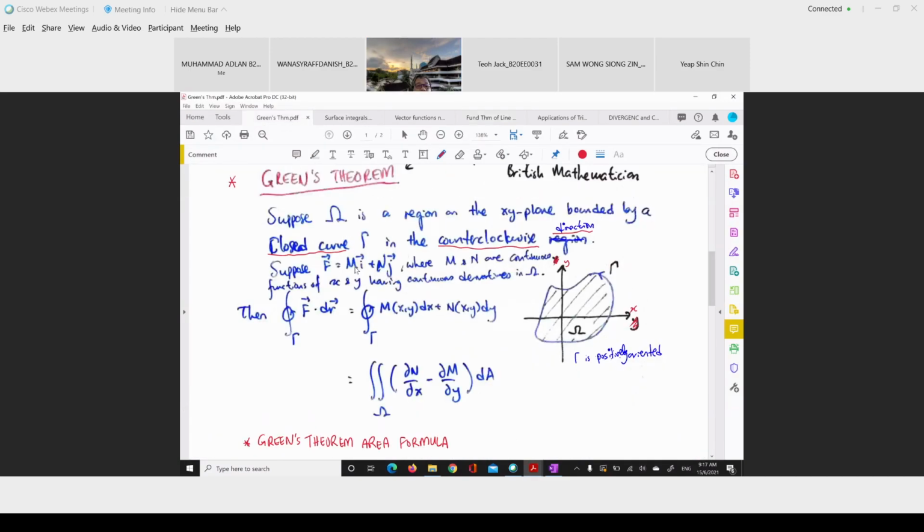There's a condition on M and N: M and N are continuous functions of x and y having continuous derivatives in omega.